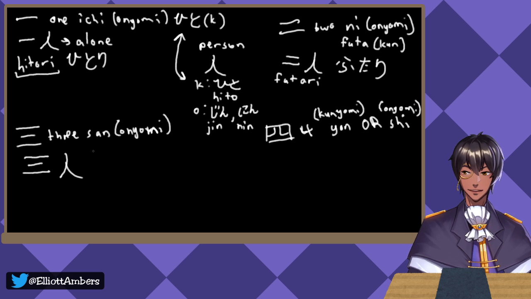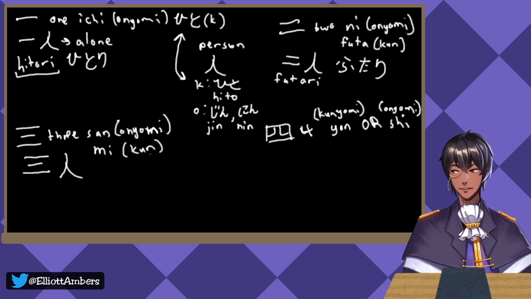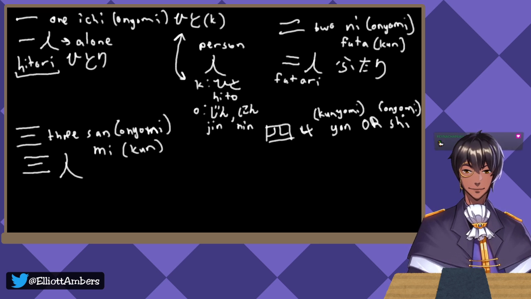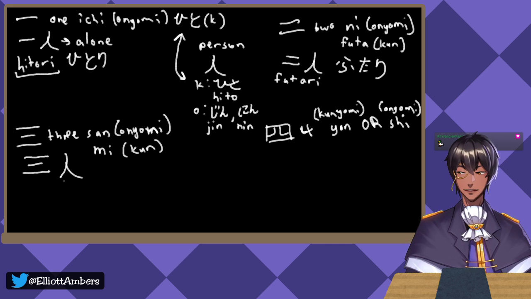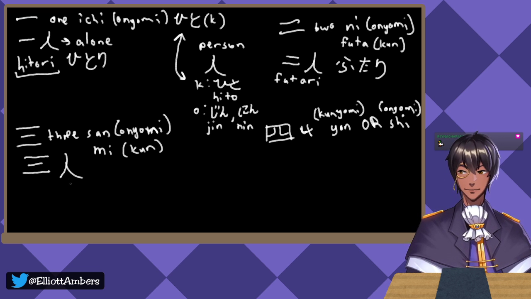The other reading for this is mi. So you'd think, going by this pattern of 2 different terms, hitori, futari, you think this would be like miri or mitori, but no. Watch Naruto, you might actually know what this term is.